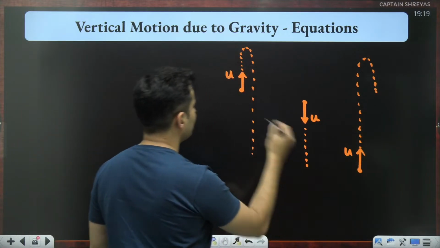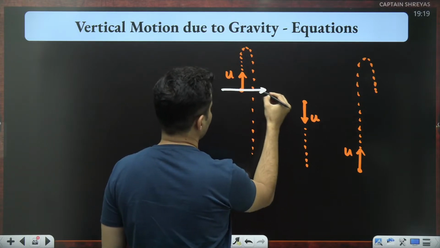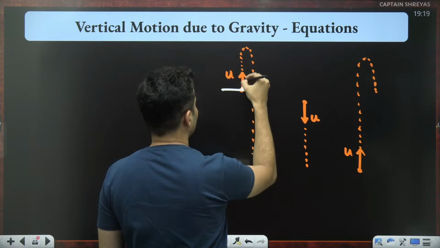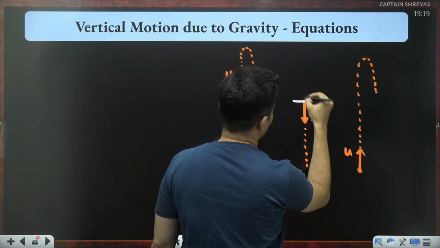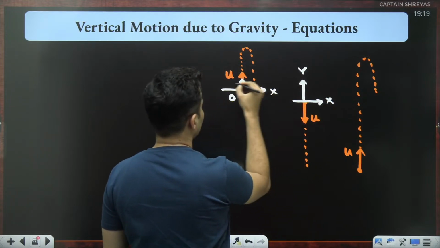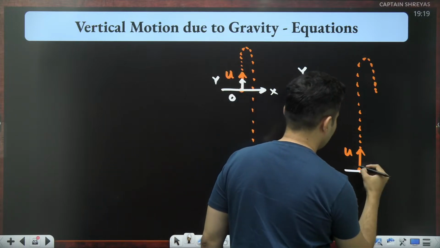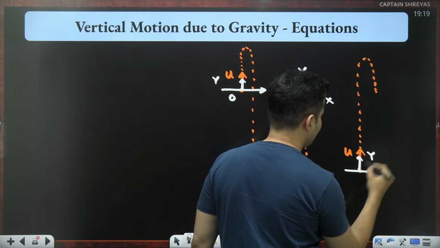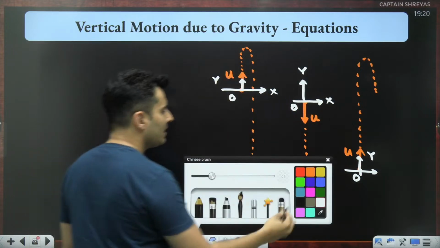At any given instant, let's say, for example, this is your x-axis, this is your y-axis, and this is your origin.